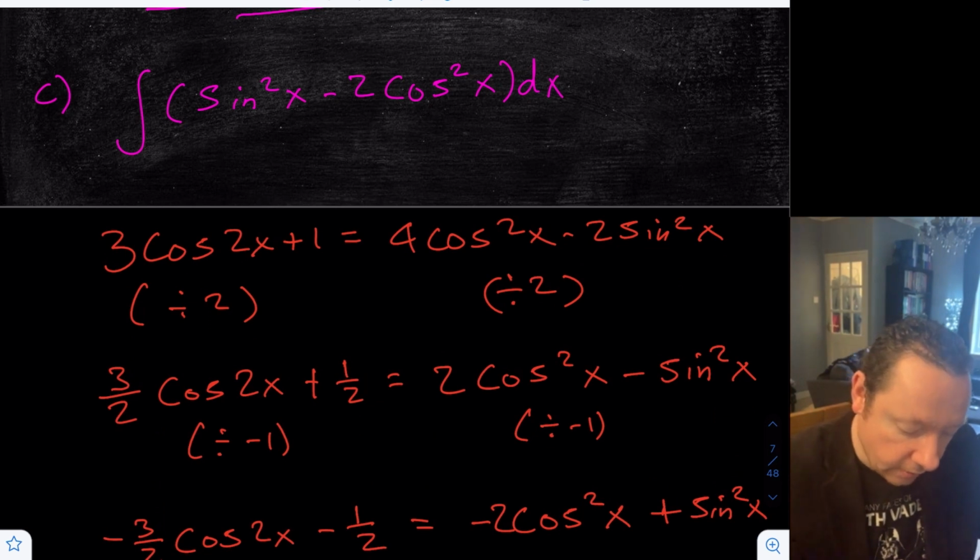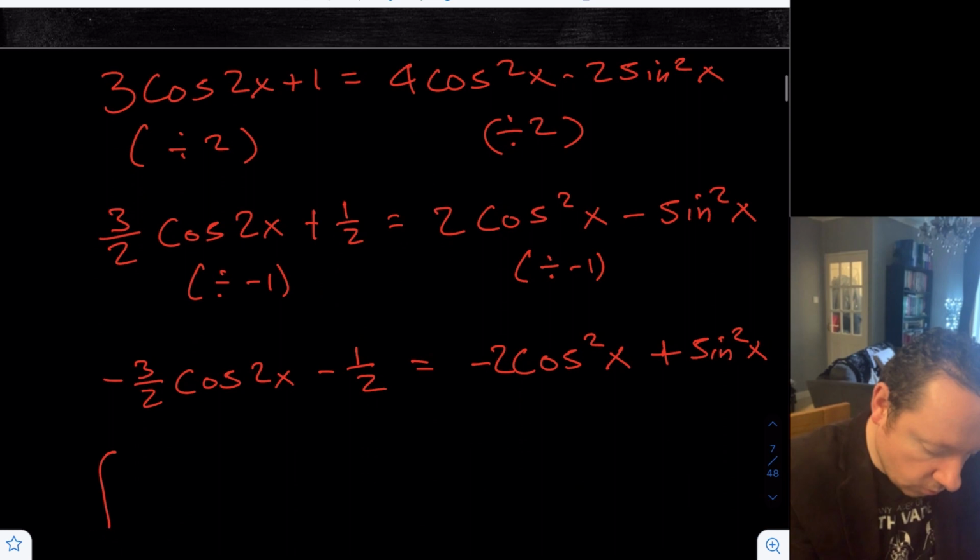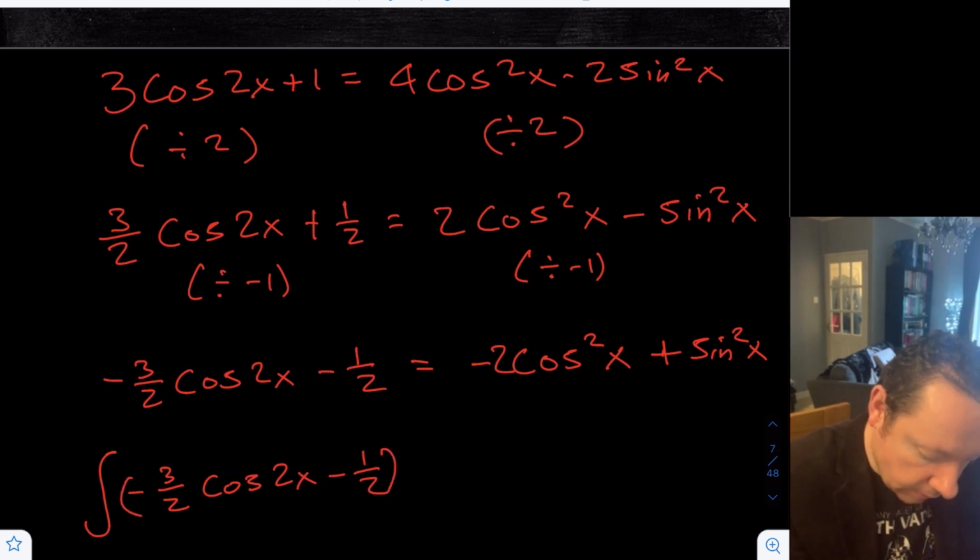So if I can integrate my left hand side, my integral becomes the integral of minus 3 over 2 cos 2x minus a half dx.